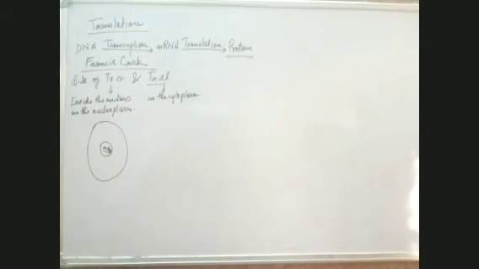The site of translation is the cytoplasm. That means this messenger RNA will now come out of the nucleus into the cytoplasm, and there it will undergo the process of translation. So this is what happens after transcription. This is the process which we will discuss now.